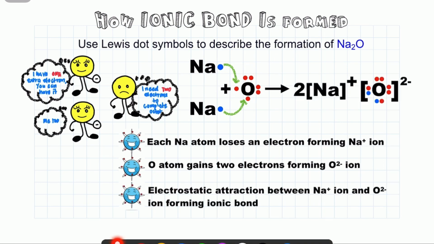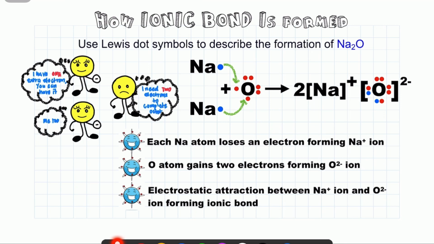And how to write the ions? Because you are using 2 Na, you have to put 2 here, and use the square bracket, and outside the element is the charge. Then for the oxygen, you have to use the square bracket, and you can see that because it gains 2 electrons, there are 8 dots around the oxygen, and outside the square bracket is the charge 2 minus.